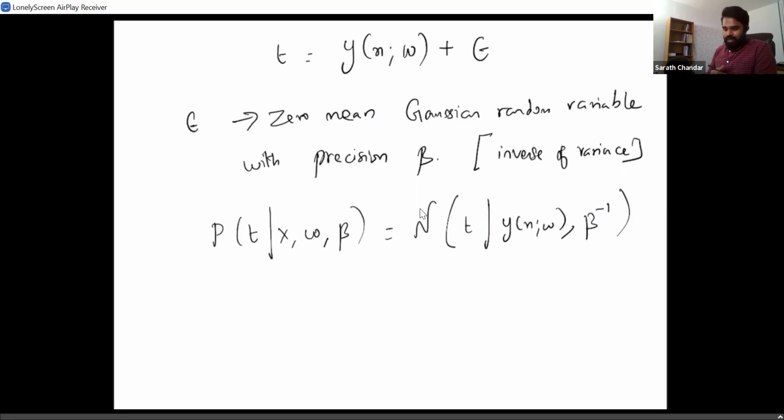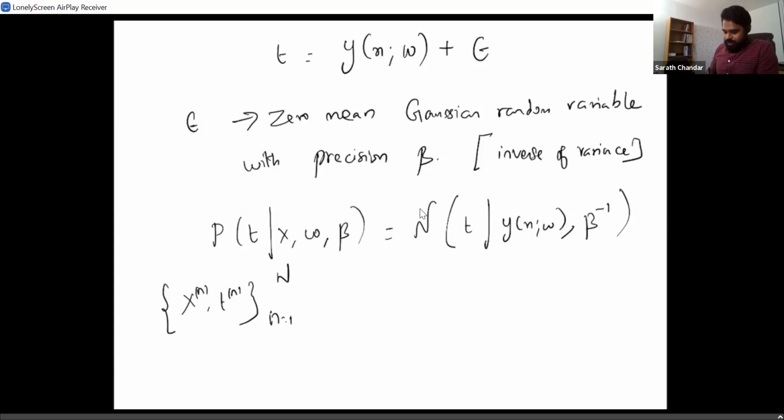Now I can take the entire data set xn, tn for n equal to 1 to N. So now we can ask what is the probability or likelihood of this data set? You see where I'm going. I'm trying to come up with a probabilistic version of linear regression, and I'm trying to do maximum likelihood for that.